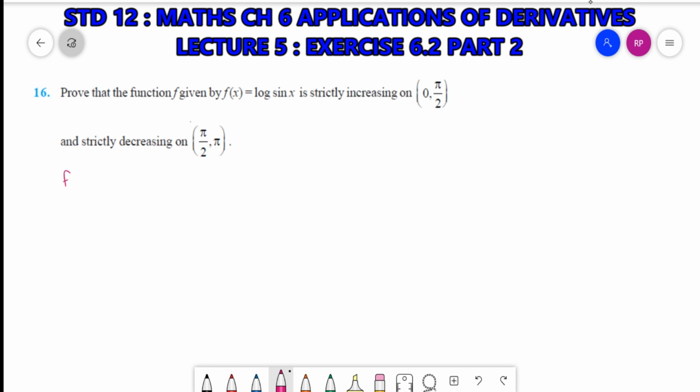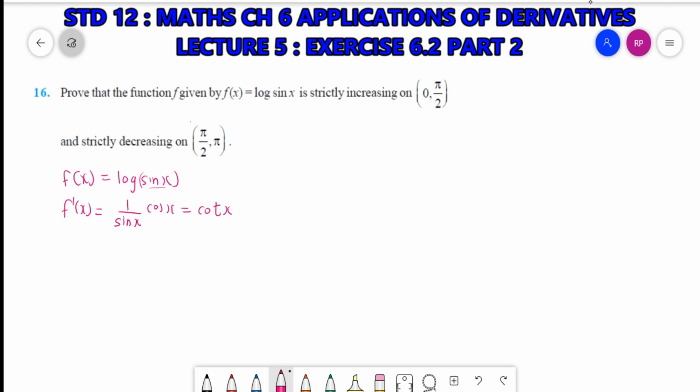So f(x) here is equal to log of sin x. Okay, so f dash x, derivative of log is 1 by x, so log of sin x its derivative is 1 upon sin x into d by dx of sin x, that is cos x. So this is equal to cot x.